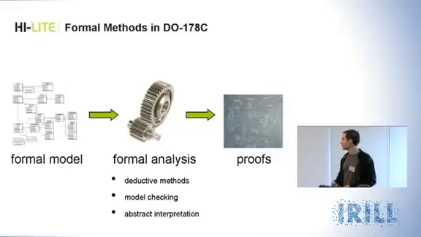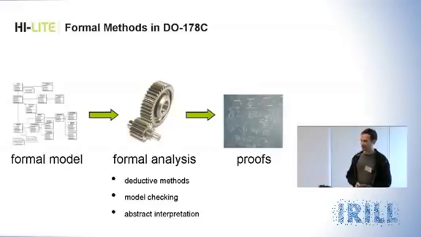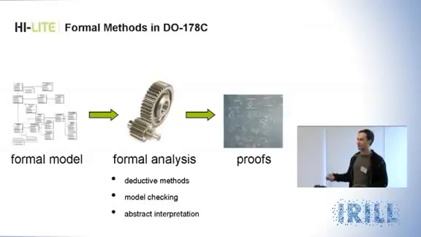But in fact, there will be a general framework for doing this formal analysis instead of testing, for example, in the next standard. So the upcoming standard is the DO-178C, and it defines what a formal method applied to avionics software development is. It defines it this way. You need to have a formal model, so a mathematical description of your problem. And in the example I showed before, this is both the code, so you need a formal model for the programming language and the code you write, and a formal model for the contracts, so you need a logical language for describing your properties.